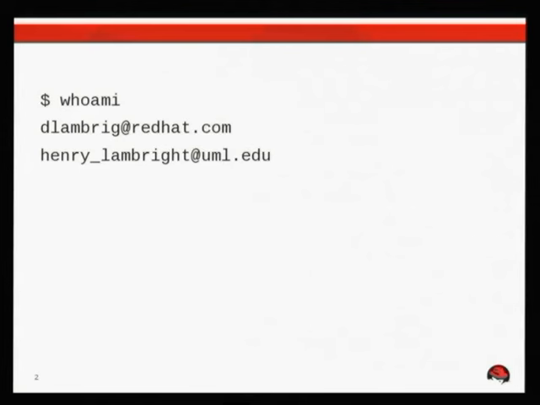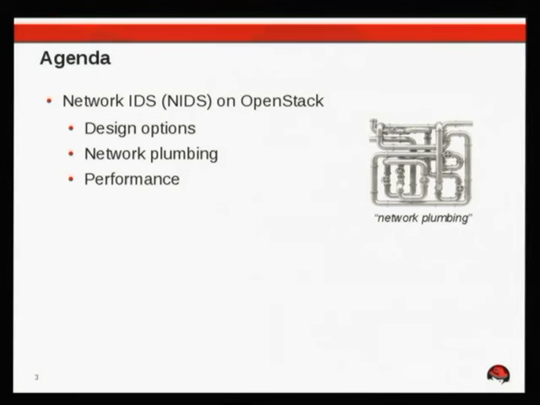I first gave this talk last summer at OpenStack Vancouver. And since then, the story has changed. It's actually become a lot easier to set it up in OpenStack. So I'll be talking about that. So what I'll talk about are two types of intrusion detection systems. The network IDS, what it does, and how you can configure it with OpenStack and integrate it with OpenStack, how you might want to do it.